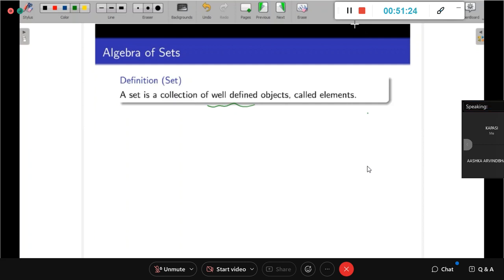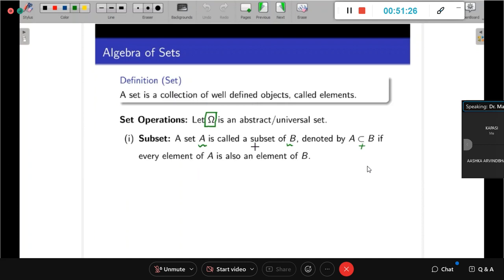Subsets, proper subsets, equality of two sets, union of two sets, intersection of two sets, De Morgan's law, distributive law. Let's quickly review them. This is a very famous notation, omega.